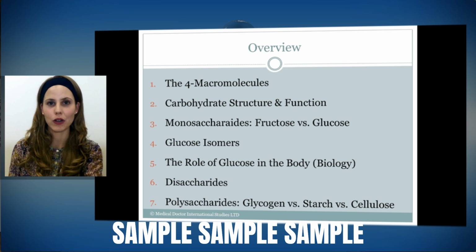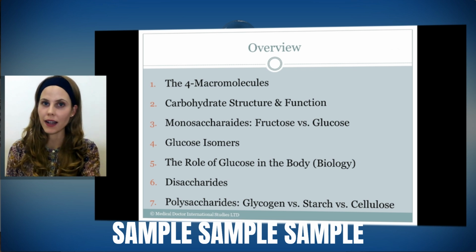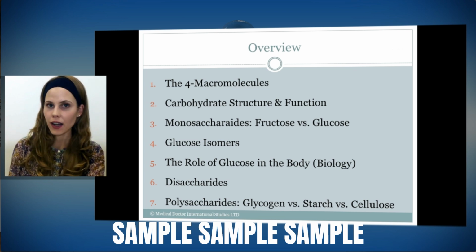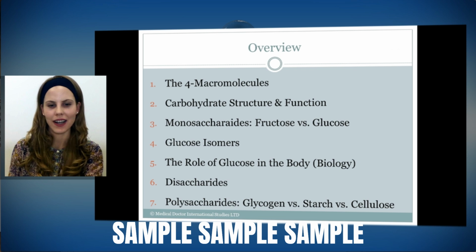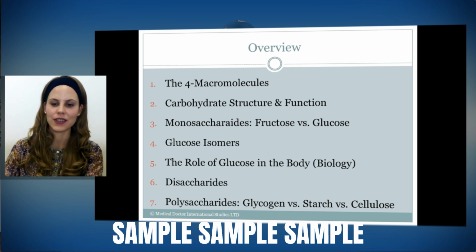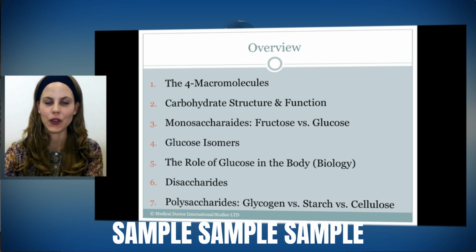We're then going to talk about glucose isomers, the role of glucose in the body, which is more of a biology slide, disaccharides, which are two monosaccharides, but we'll get there, and polysaccharides, and some examples: glycogen, starch, and cellulose. So let's get started.